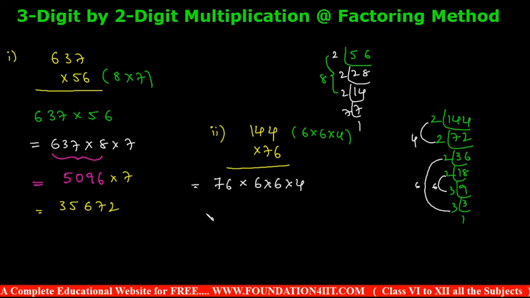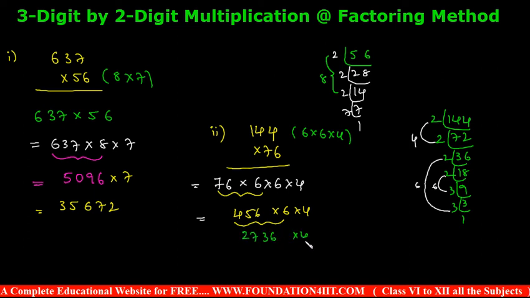First, 76 into 6 is 456, because you are already perfect with single digit multiplication internally in mind. Then 456 into 6 is 2736.